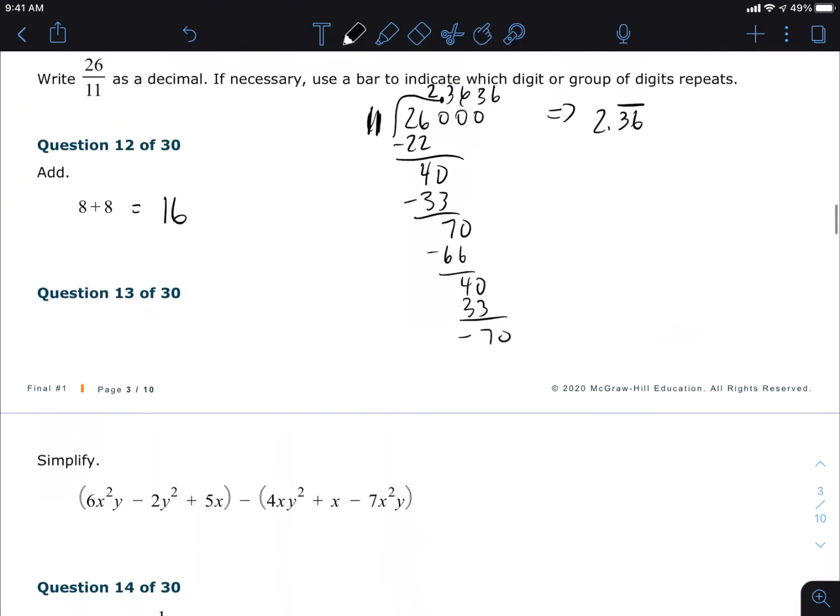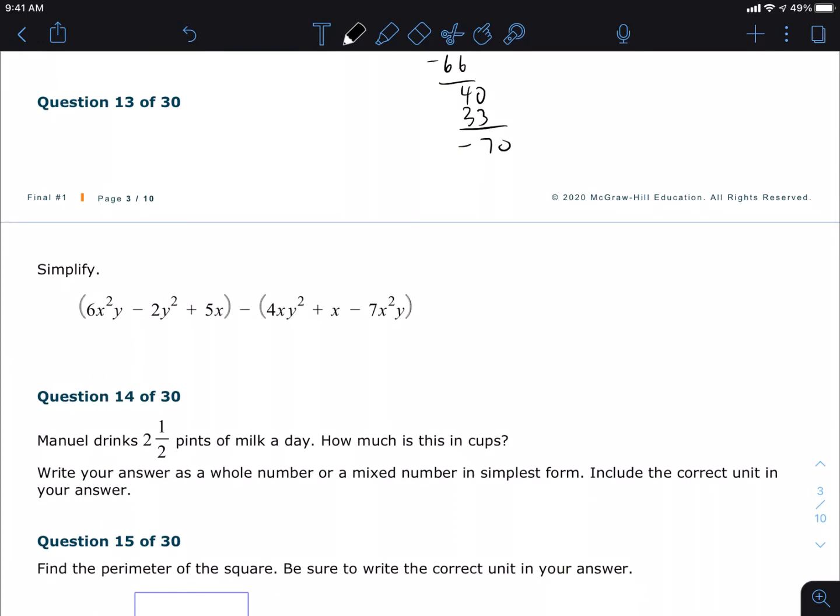All right, I did 12, 13. Now we need to distribute this negative and then combine like terms, right? So I'm going to get 6x squared y minus 2y squared plus 5x minus 4xy squared minus x plus 7x squared y. Now remember, it's got to be the same variable to the same exponent in order to be able to be combined.